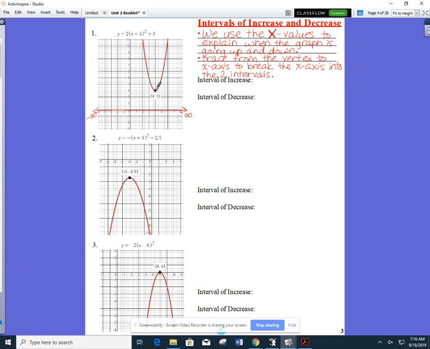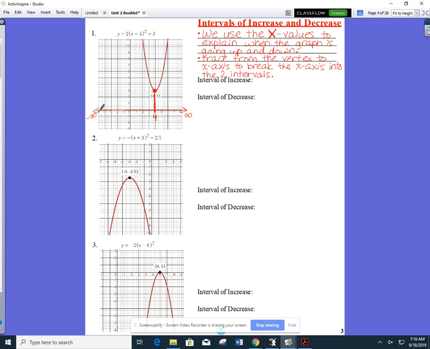If I look at where my vertex is here, it's at the point (4, -3). So if we trace down to our x-axis, and you could draw a line there if you want to just trace, that touches the x-axis at the number 4, which is the h value of our vertex.